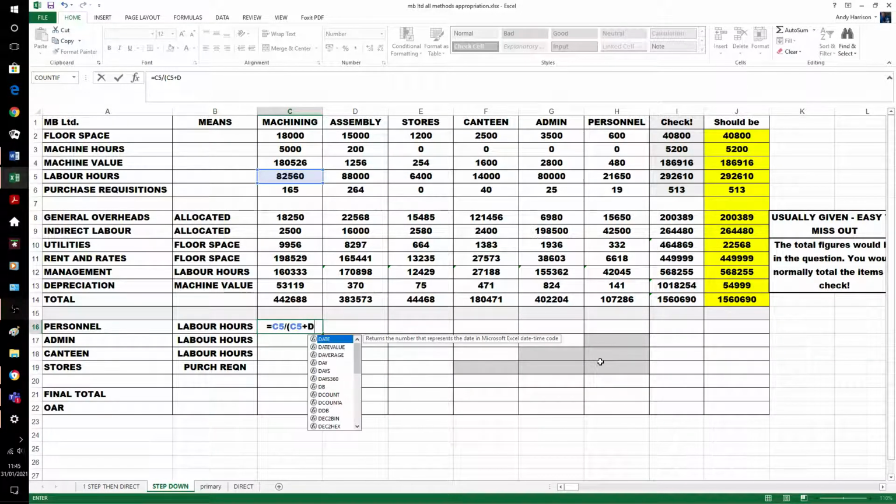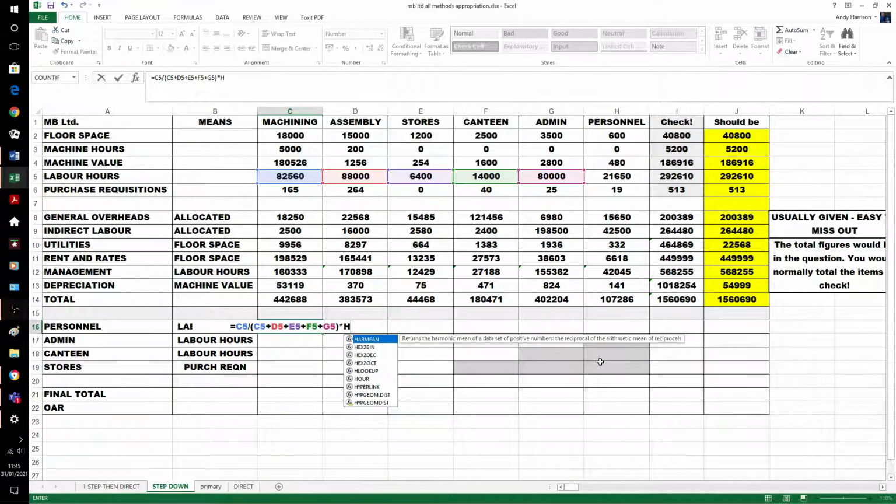C5 plus D5 plus E5 plus F5 plus G5. Again, our orange, we're now dividing it between 5, not between 6. And then our personnel bill is H14.